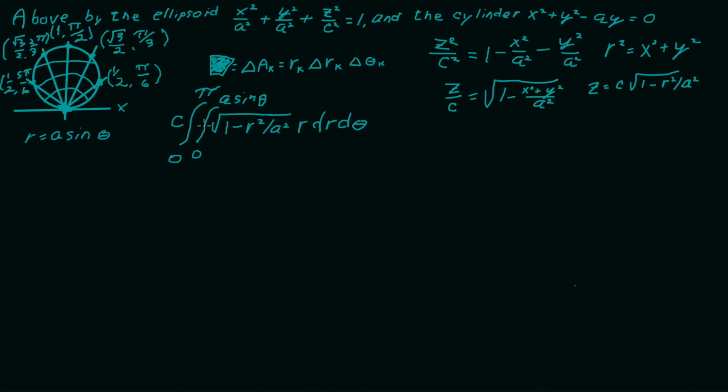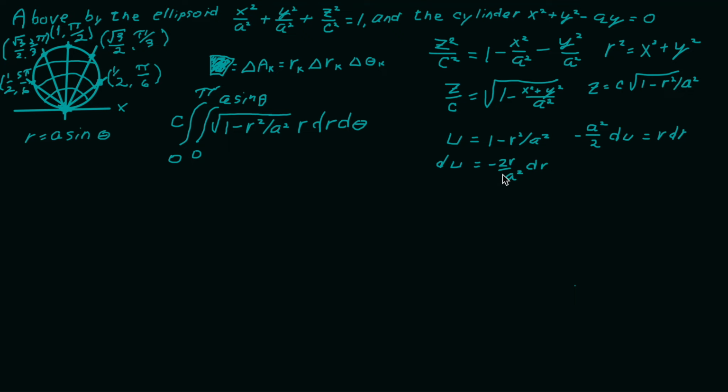Now it's just simple calculus to solve this for the volume. We'll use u substitution here inside the radical sign. u becomes 1 minus r squared over a squared.